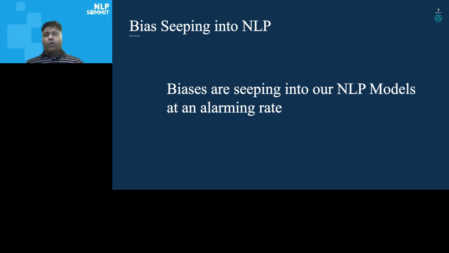So obviously, when we are training NLP models using this historic data and our social media content, our news and popular media content, bias does seep into our NLP models. And that's just a fact of life, because the model is training based on the data that you're feeding.